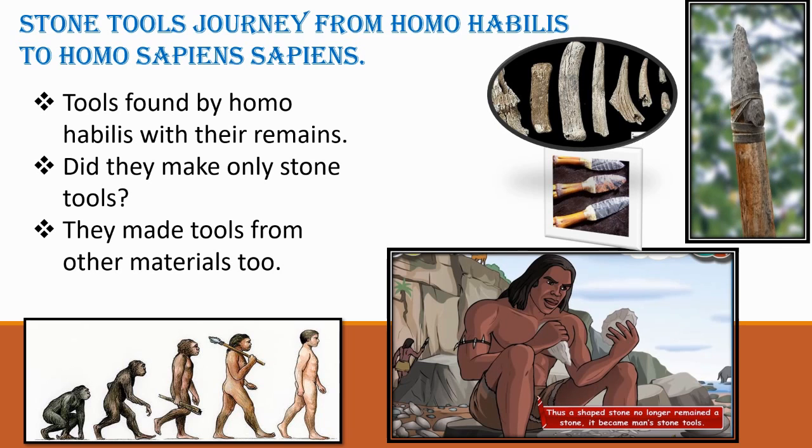But from Homo habilis to Homo sapiens, they didn't make mostly stone tools. They also made tools from other materials, for example bones, ivory, sticks, etc. They tried all this while making tools. So let's learn more about them.